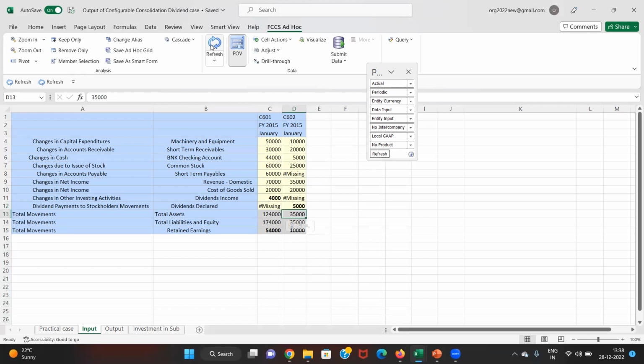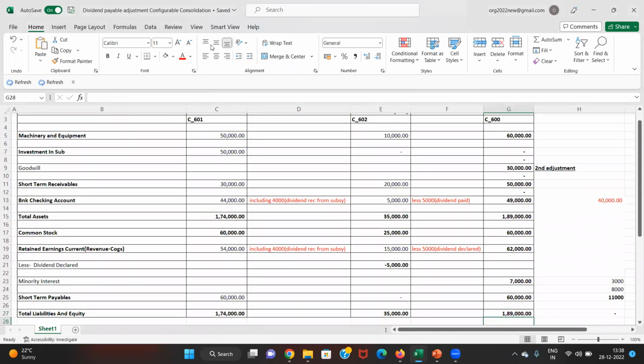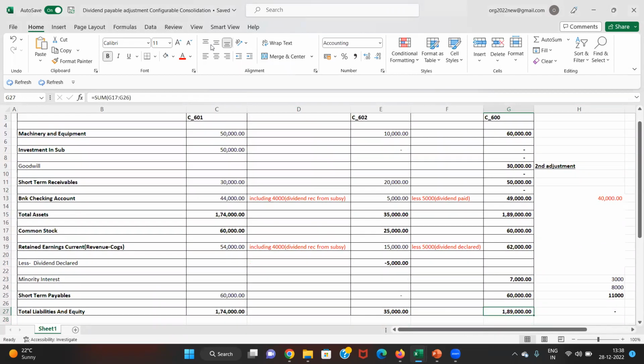So now we just need to run consolidation, and we hope our result comes to the same conclusion as in our use case. Ideally, our assets total should be 189, the goodwill should be 30,000, minority should be 7,000, and the retained earnings should be 62. Ideally, when we run the consolidation, the results should be the same as per our use case.